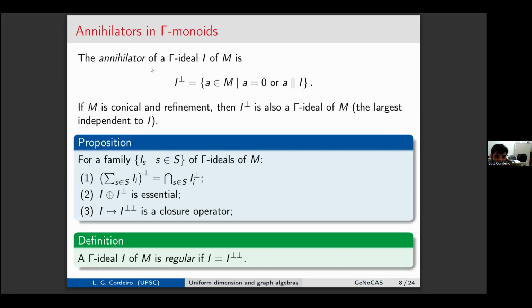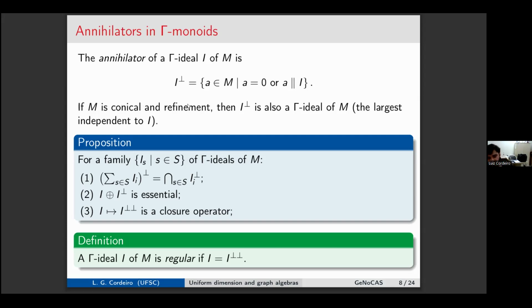So the annihilator of a gamma ideal I of the gamma monoid M is denoted with the orthogonal complement notation, and it consists of all the elements of M which are non-comparable with non-zero elements of I, or they are zero. In the conical and refinement case, that is the same as saying that the ideal generated by A is independent with I. And in the conical and refinement case, the annihilator of an ideal I is also a gamma ideal of M.